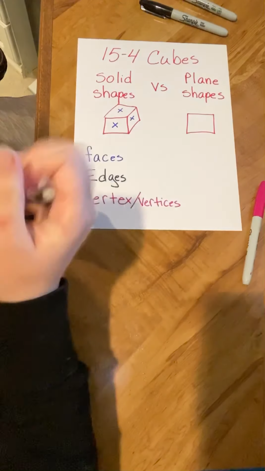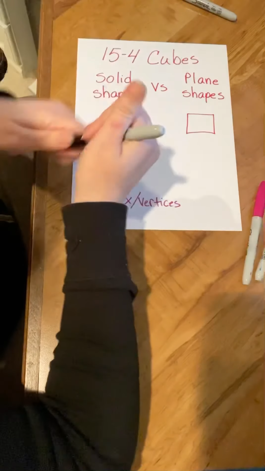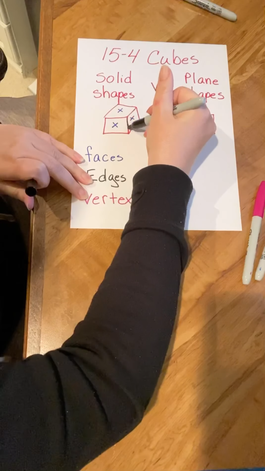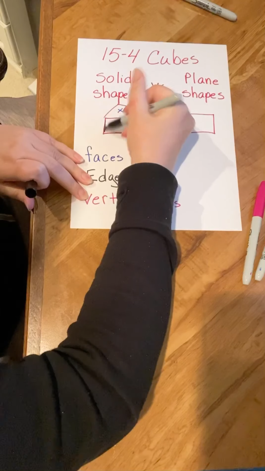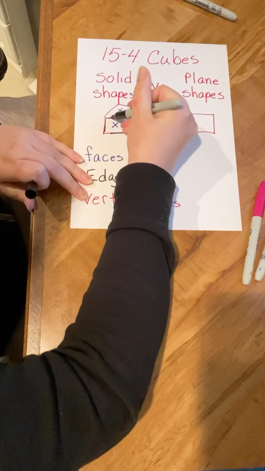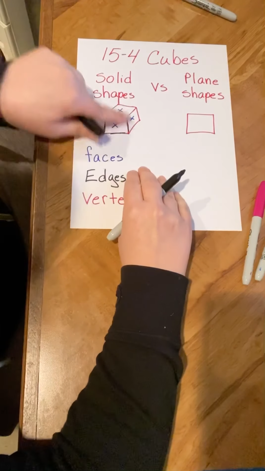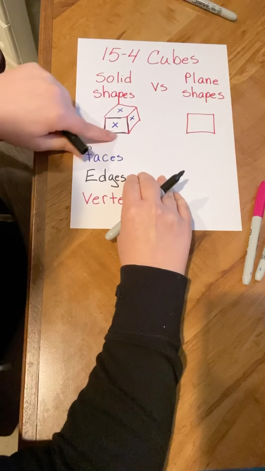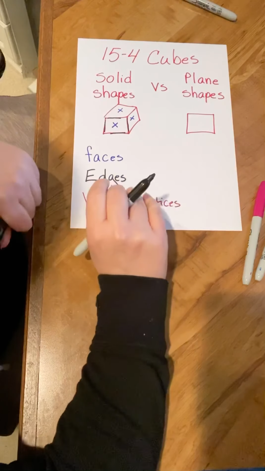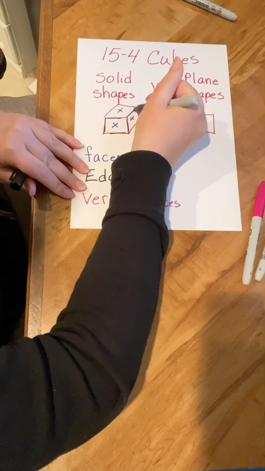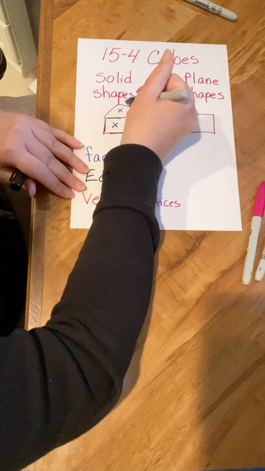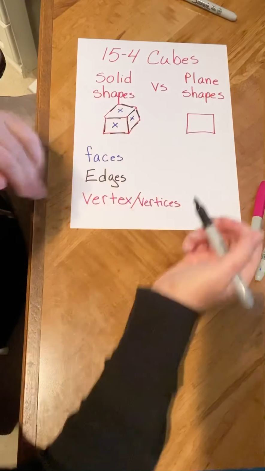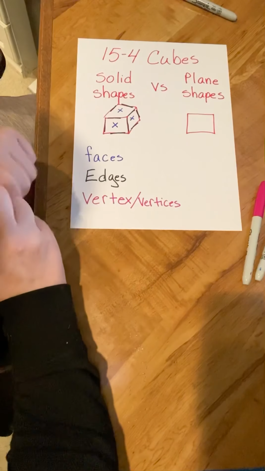We also have edges. Edges are the straight lines. Okay, so in the front there are 4 edges, 1, 2, 3, 4. Each of the straight lines here that you see is an edge, okay?